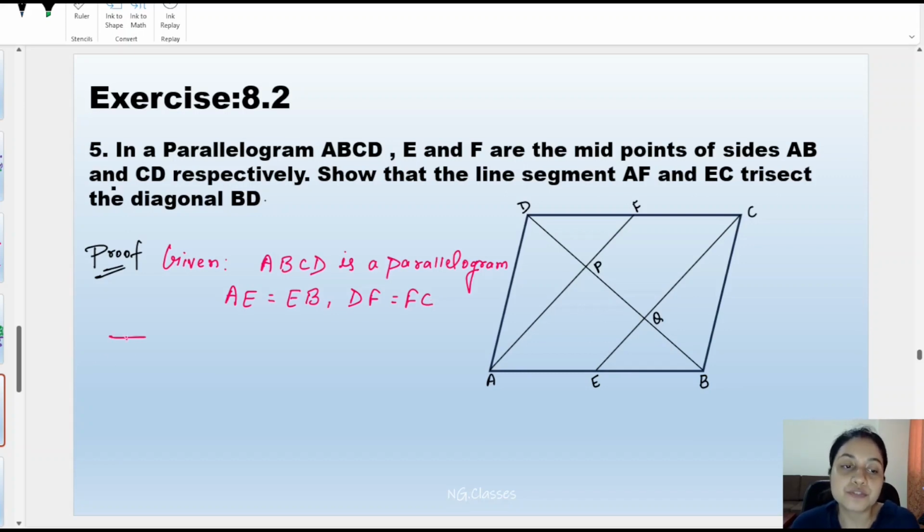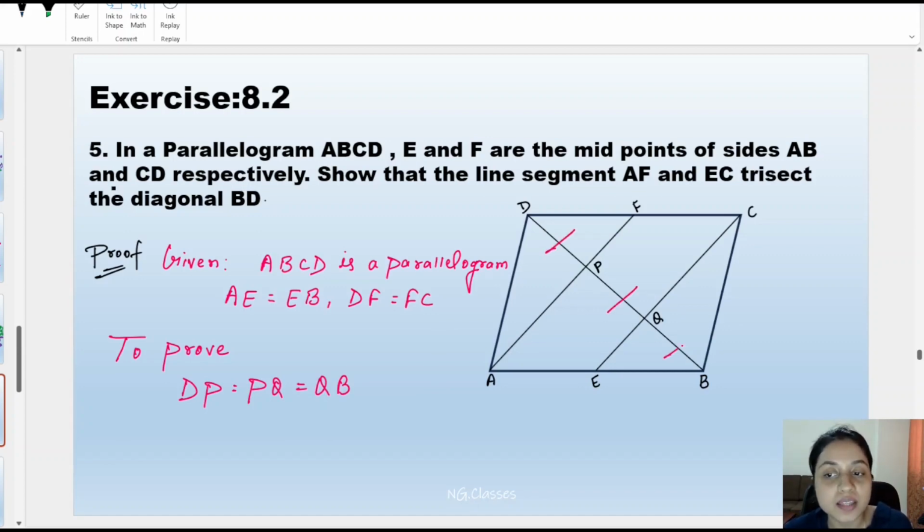That means we have to prove BP is equal to PQ is equal to QB. All three parts are of the same length. Then only we can say the line BD is getting trisected.